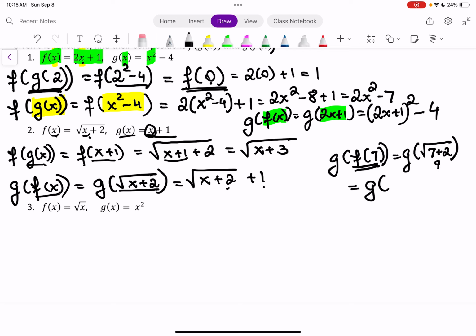And the square root of 9 is 3. So now the second step is take that output from the function f and plug it through the function g. And the function g always adds 1 to whatever comes its way. So then that makes it a 4.